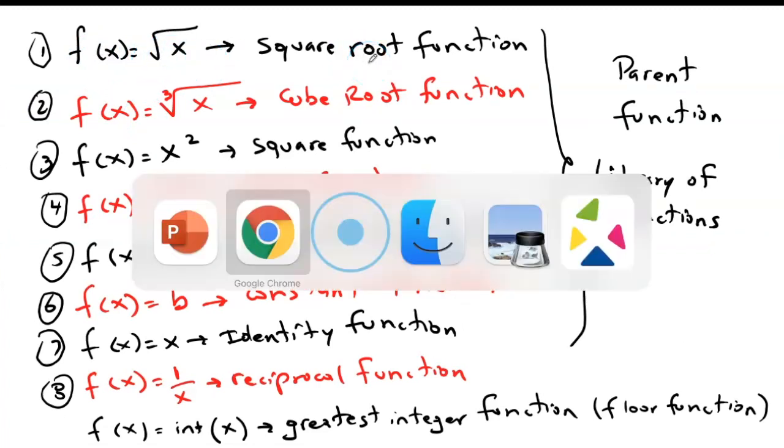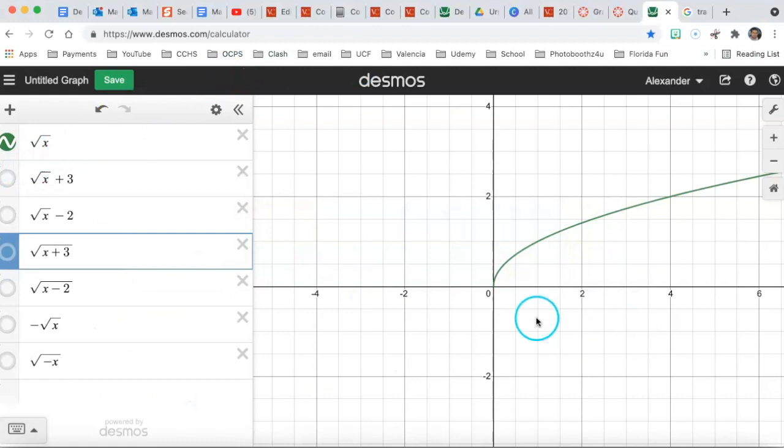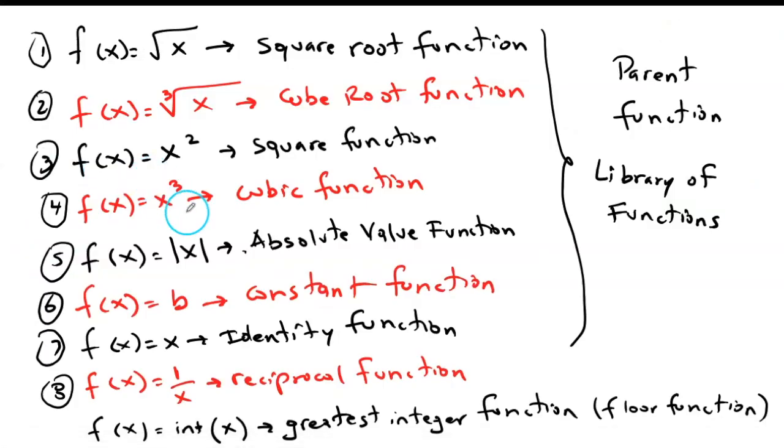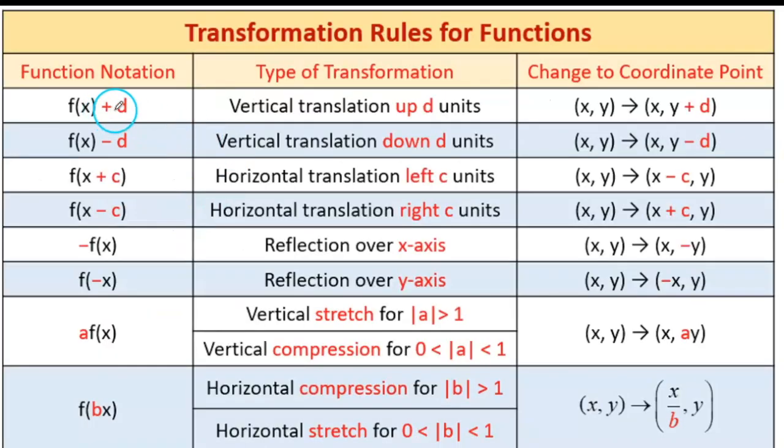The reason I use that one is because there's only a piece of a graph, right? I start here in the origin and it goes to the right. So I have a plus 3 on the outside, a minus 2 on the outside, but here I have it inside my square root. So when it's on something on the outside, that's vertical movement.